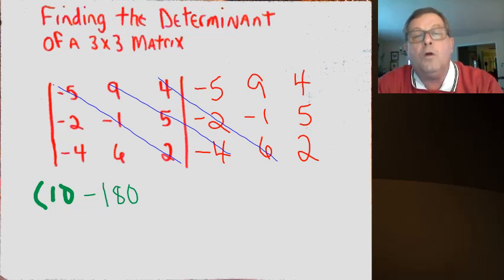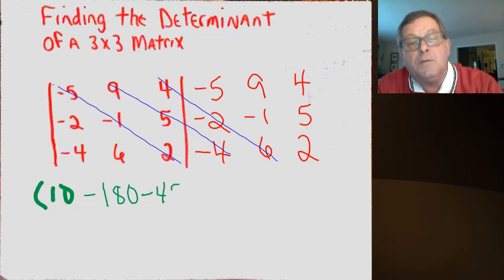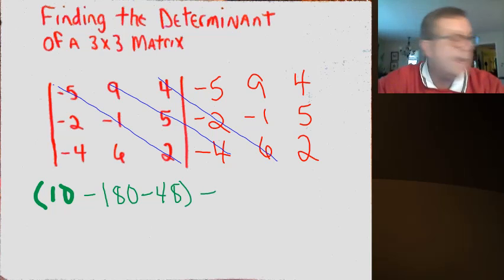And then 4 times minus 2 times 6. 4 times minus 2 is minus 8, times 6 is going to give me minus 48. And I'm going to set all of those in parentheses. I'm going to go ahead and put a minus sign out here.